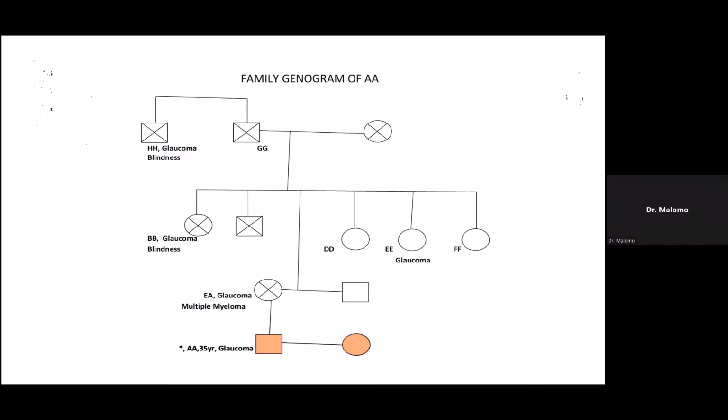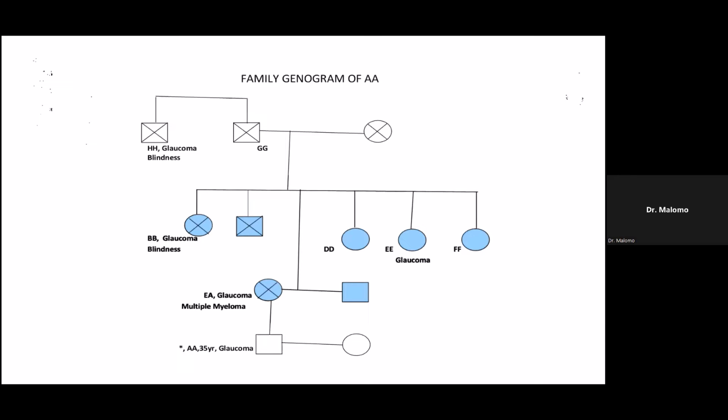And so you move on from Mr. AA to the next generation, and you see his mother, EA, who is actually deceased. She died from multiple myeloma, but before then, she was diagnosed with glaucoma.